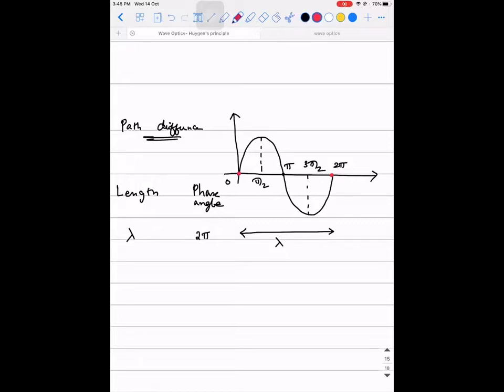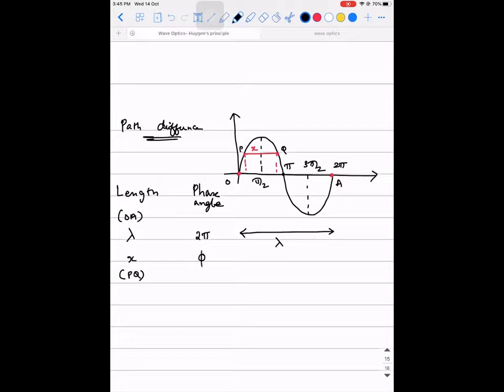If I take two particles randomly like this, and the distance between them is x, that is, the path difference between those two particles is x, that is between PQ, and lambda is between OA, then what will be the corresponding phase difference?